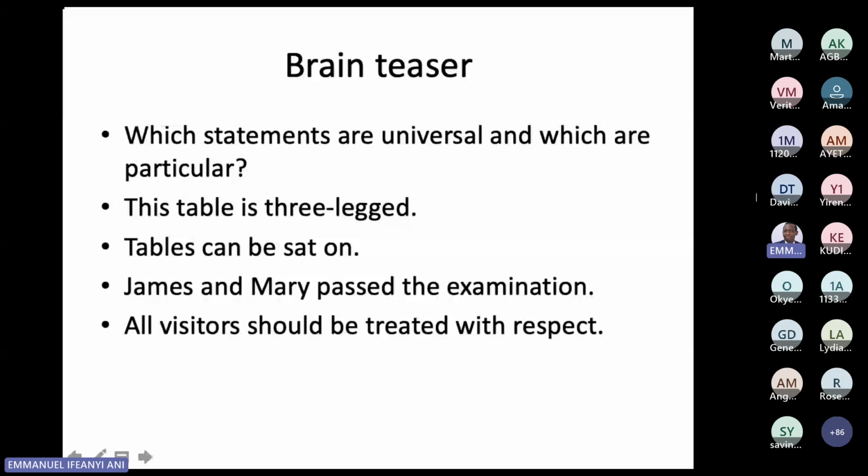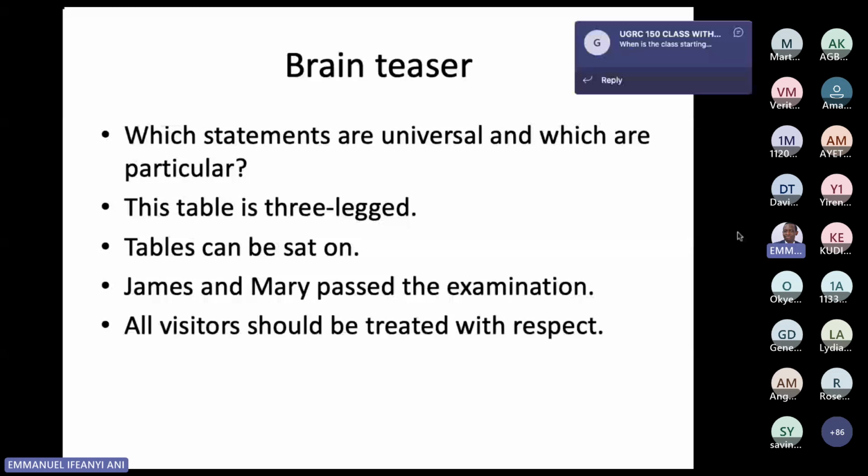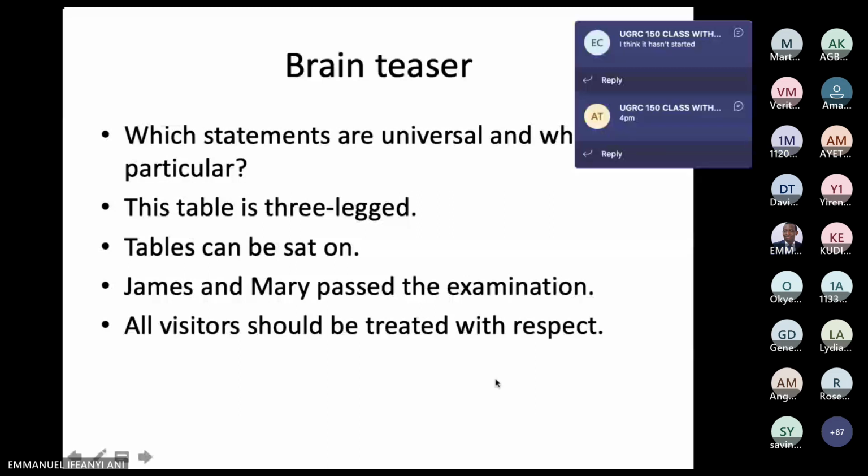Particular. Okay. And then, all visitors should be treated with respect. Universal. Okay. So bring down your hand.